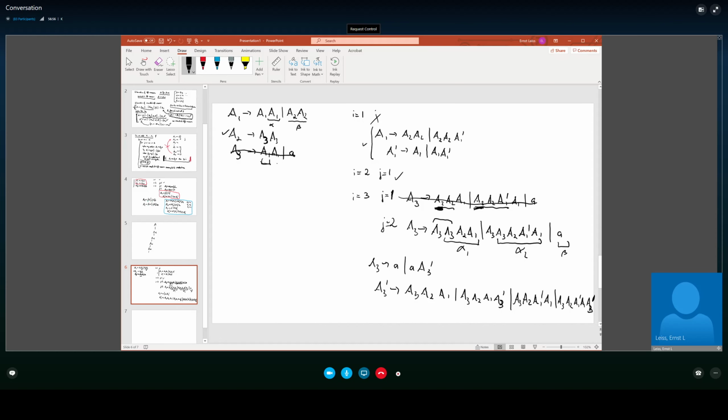And then, of course, we need the... No, that's it. Okay, so we have A3 goes to beta, and beta A3 prime. And then the A3 prime goes to alpha 1 and alpha 2, and both alpha 1 followed by A3 prime, and alpha 2 followed by A3 prime.